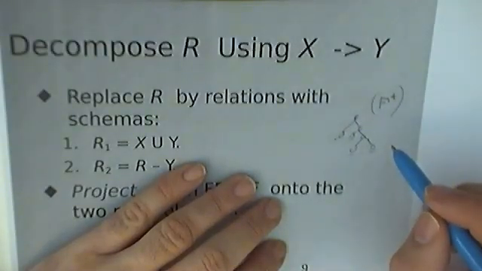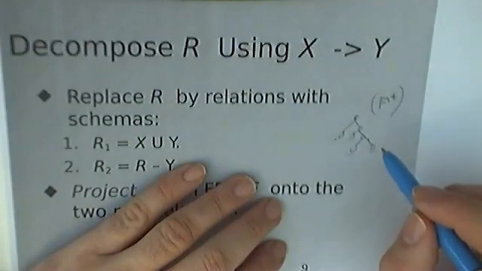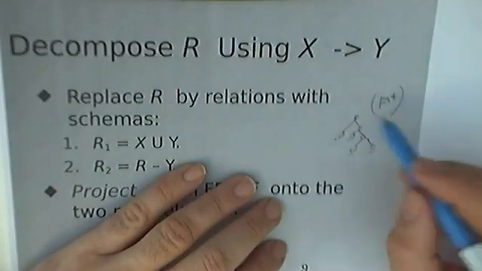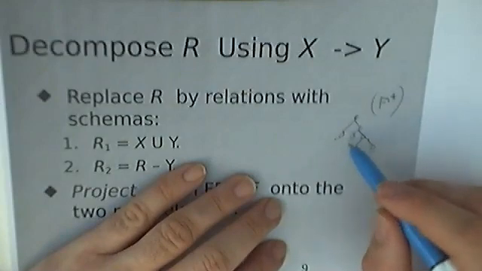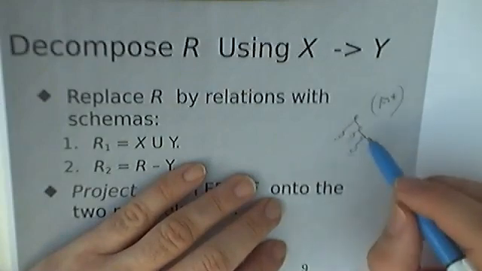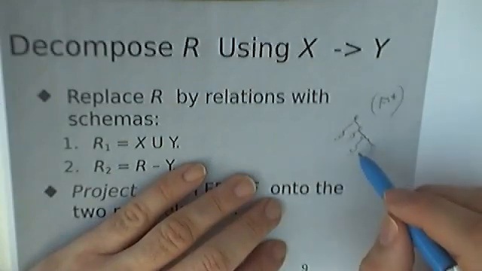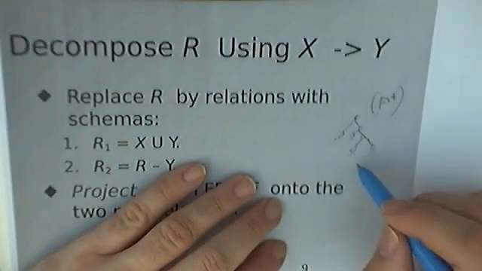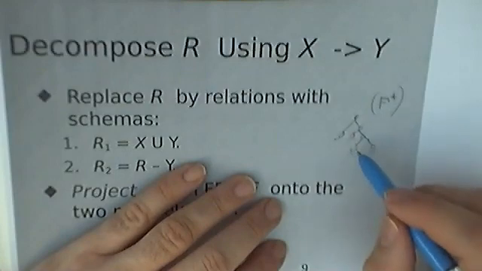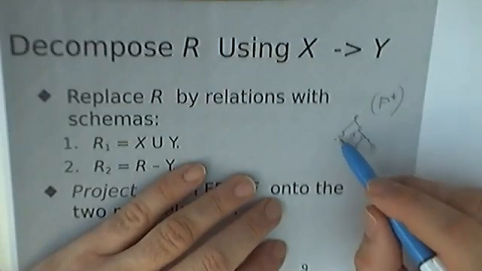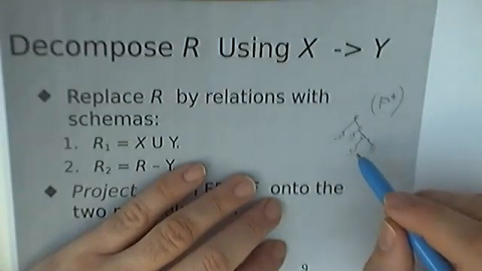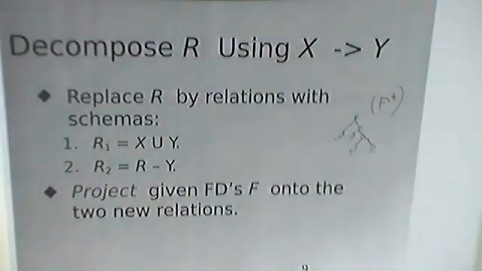Let's see, is that right? Not quite right. Yeah, it is actually, because you're doing the closure here. And if you do it that way, you determine all the superkeys based on that. And then if it's still not in BCNF, you have to further split it. Okay, so I hope that's kind of clear.